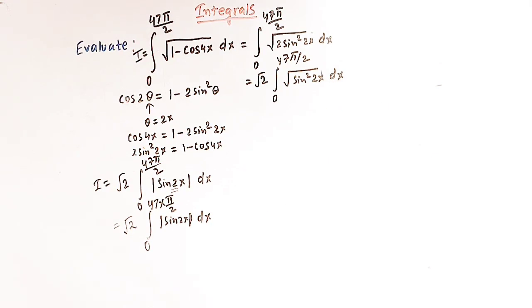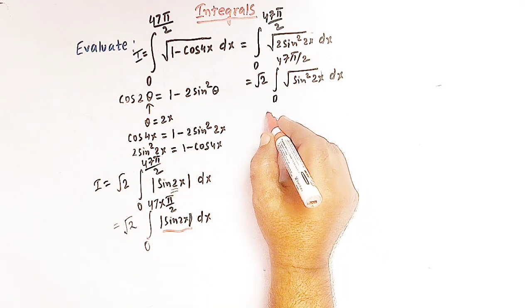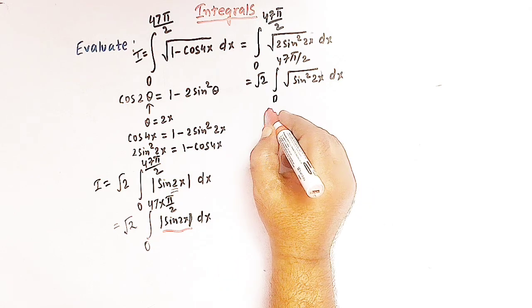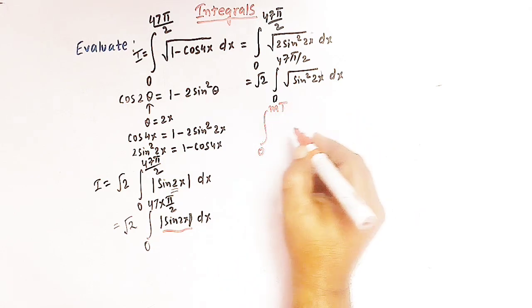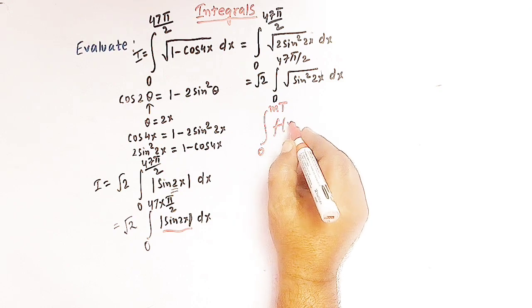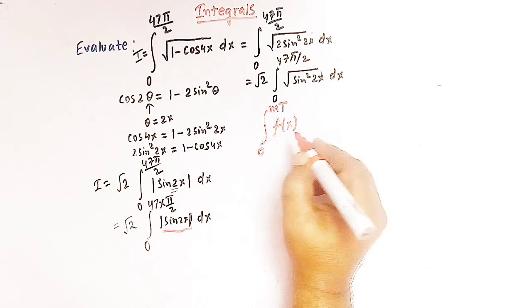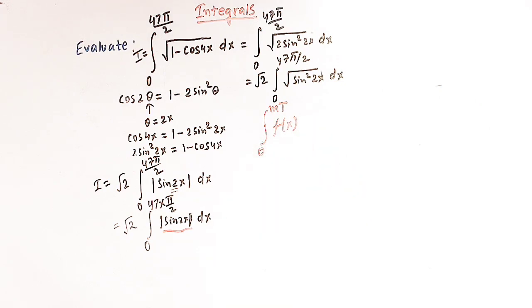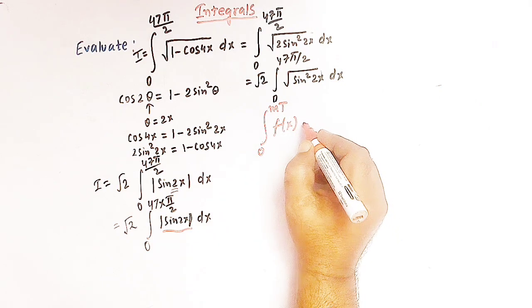Now let us make use of an important property of definite integrals involving periodic functions, right? Now see, if we have an integral from 0 to say m times t, and here we have a periodic function f of x whose period is t, and m is some positive integer, right?